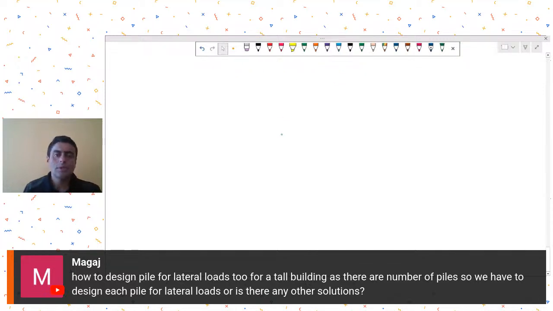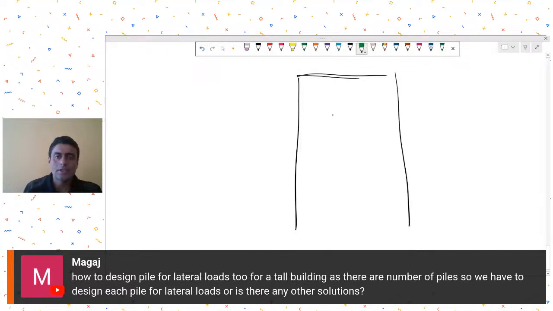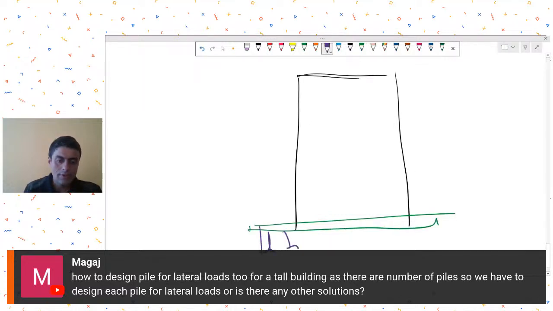So suppose you had a tall building, and suppose you are providing a pile raft system. So let's say you have a raft provided below, and you have piles over here, raft plus pile.